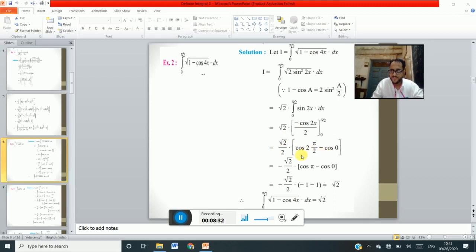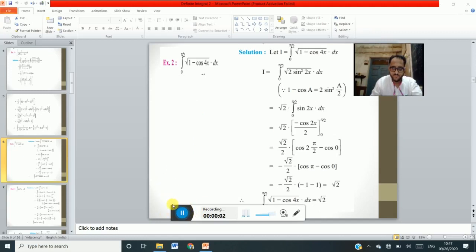So again 2 cancels, cos pi minus cos 0, minus of that. Cos pi is minus 1, cos 0 is 1, so minus 1 minus 1 means minus 2, minus of minus is plus 2, 2 by 2 cancels, root 2 is there, so the final answer is root 2. Okay, so in this way we have to solve the examples, right?